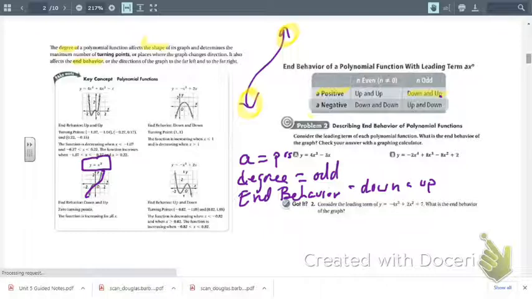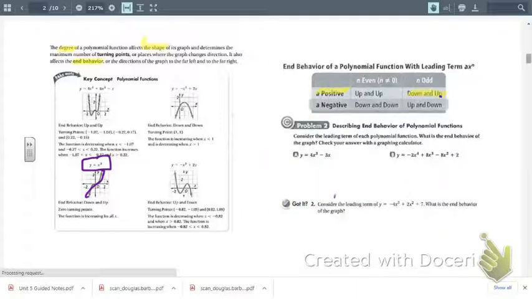Alright, we gotta create some more space. Let's erase this and go to the next one. Okay, so for part B, your A is negative here.